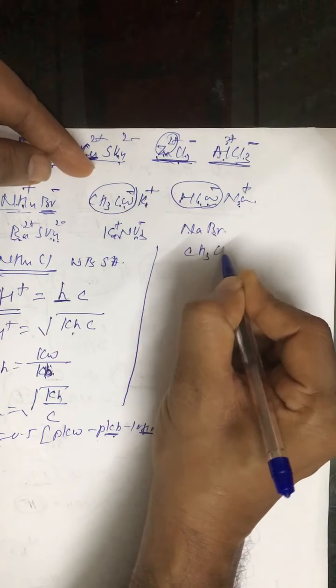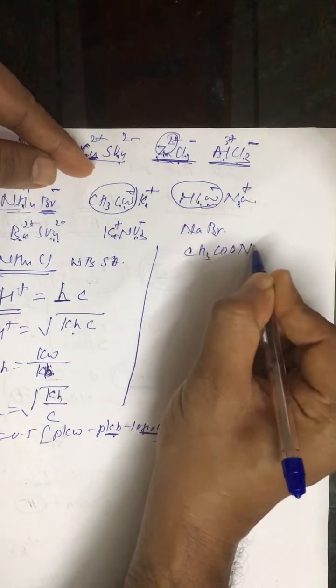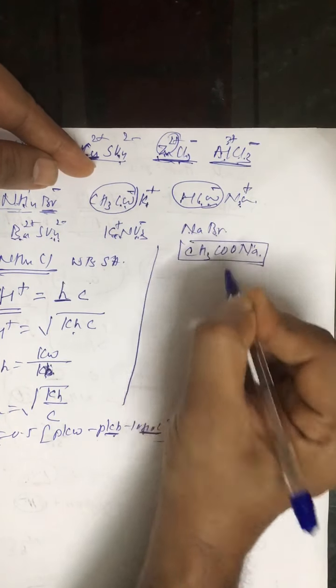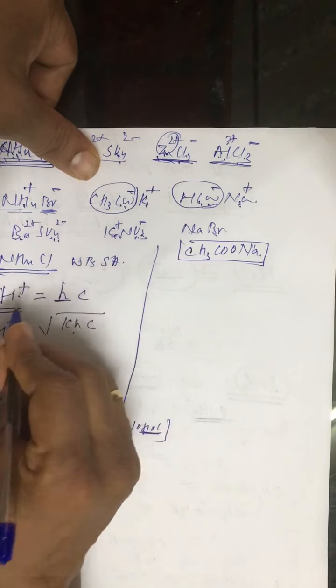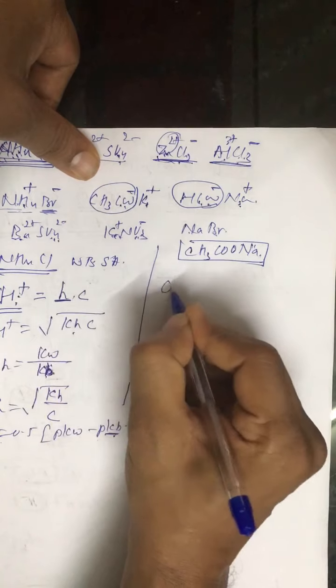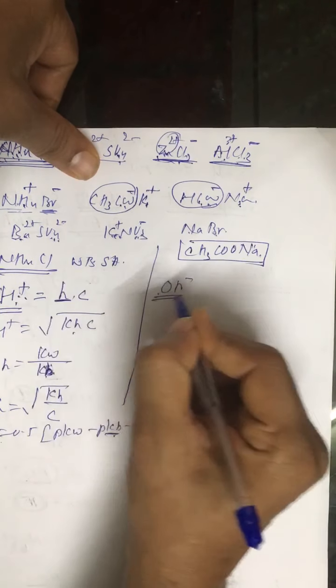Then we have sodium acetate. It is a weak acid strong base salt, so aqueous solution is basic. And same formulas, in place of H positive it becomes OH negative.